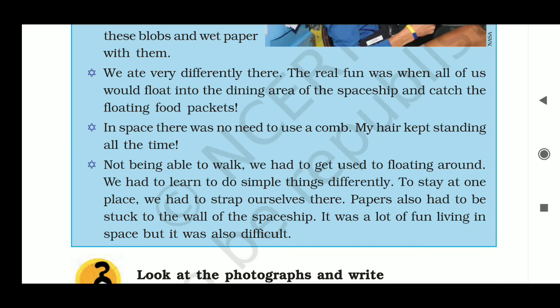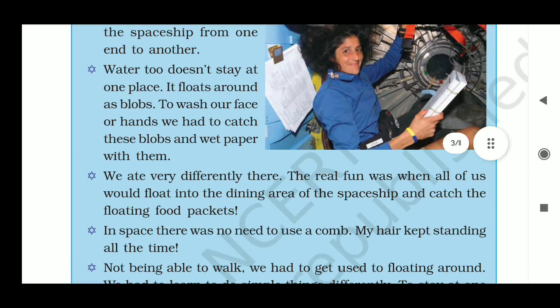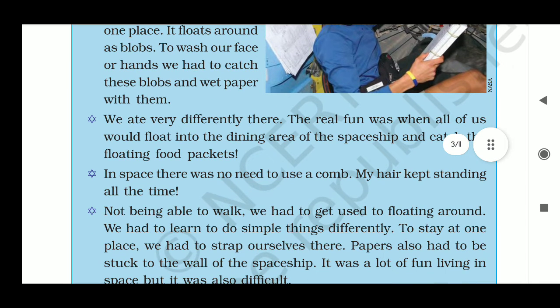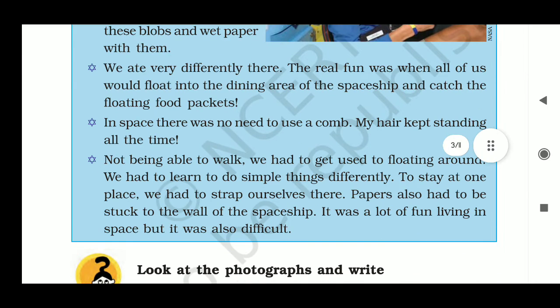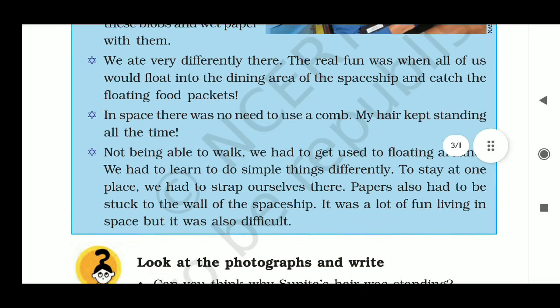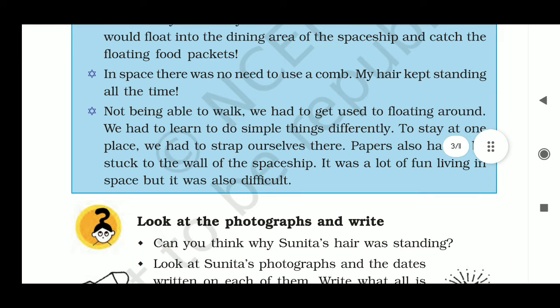When you look at the picture, you will find Sunita's hair. In space, there was no need for combing; it kept standing all the time. When you look at the picture, you will know what she is trying to say. Not being able to walk, we had to get used to floating around.